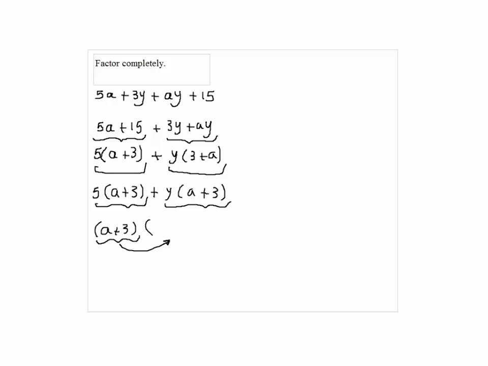As you see, between these 2 terms, a plus 3 or 3 plus a is exactly the same. So I can make both of them to be a plus 3. And then I would factor a plus 3 out between these two terms.